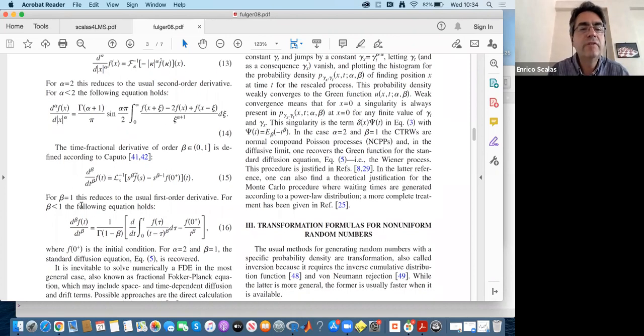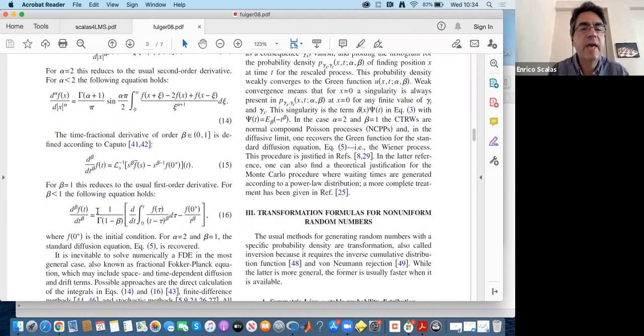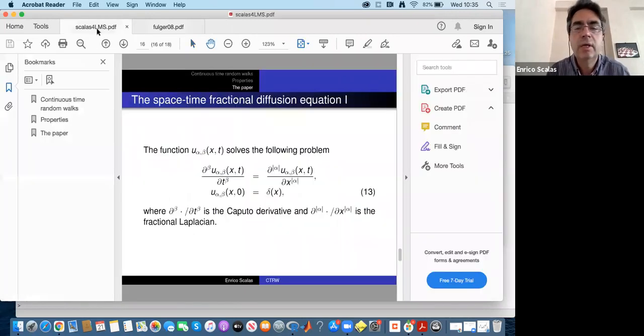And the Caputo derivative is behaving in the same way. It is given by equation 16, and it has Laplace transform given by equation 50. So if you put everything together, you have all the tools to solve this problem, which, going back to the presentation, I am going to do now.